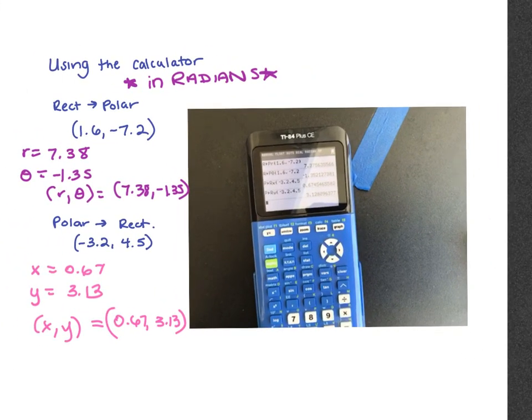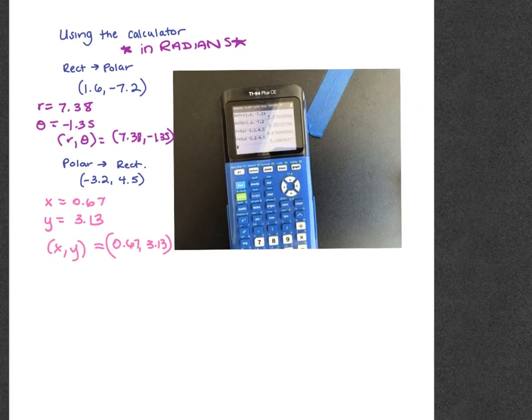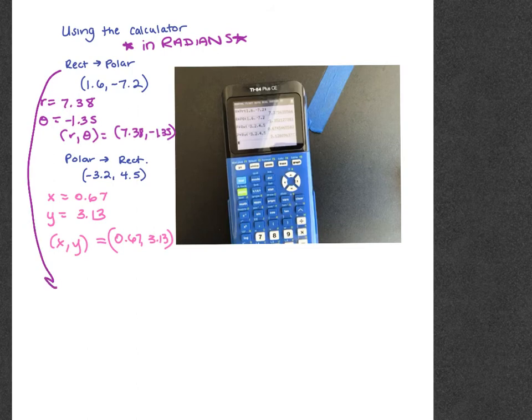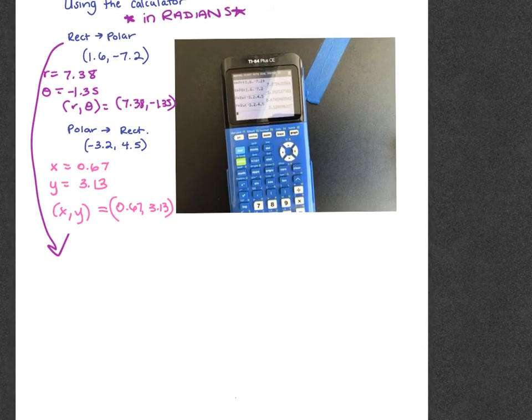If I was to do this on a scientific calculator, for rectangular to polar, I would have to do R squared equals 1.6 squared plus negative 7.2 squared, and then square root what you get from that, and you're going to get the 7.38.